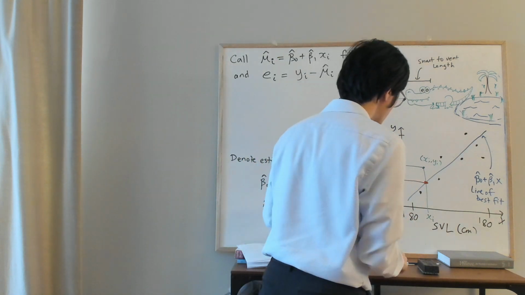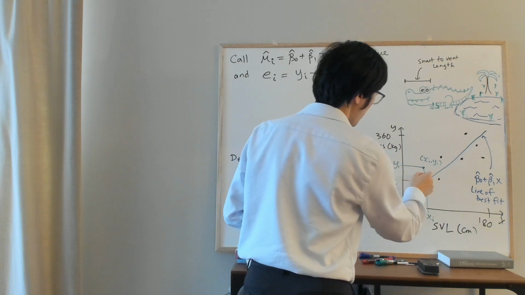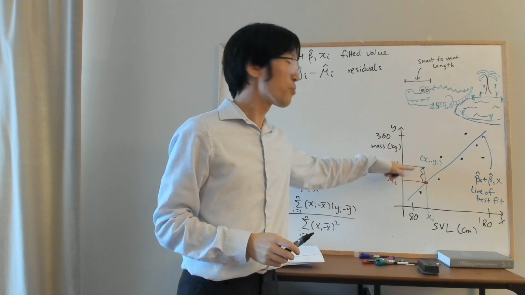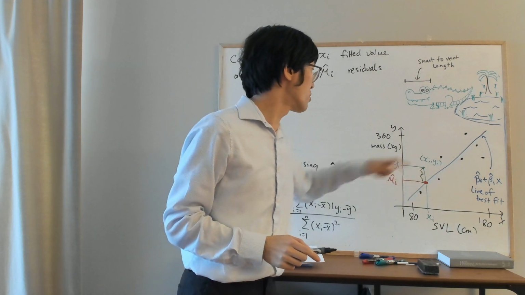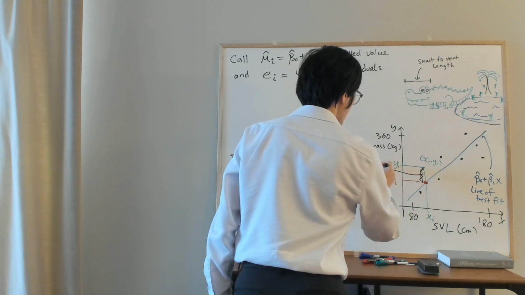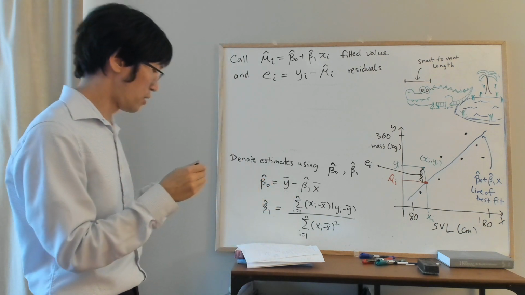On this plot, the difference between yi and mu i hat is this distance from the red to the green point, and this distance is the residual ei.